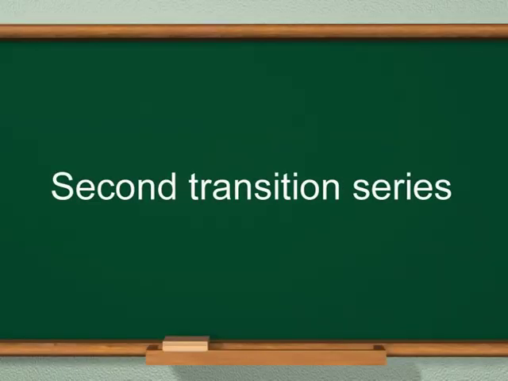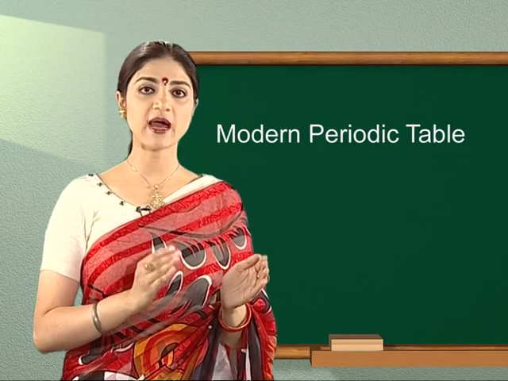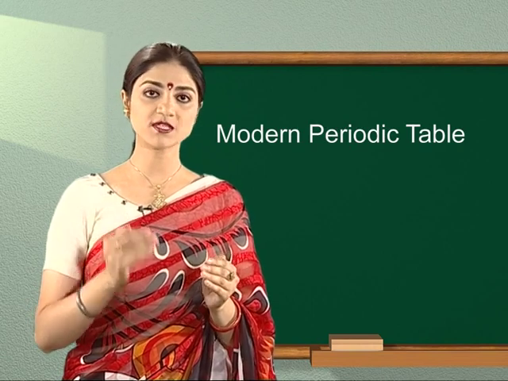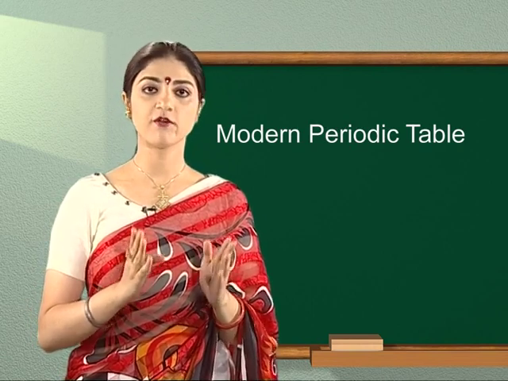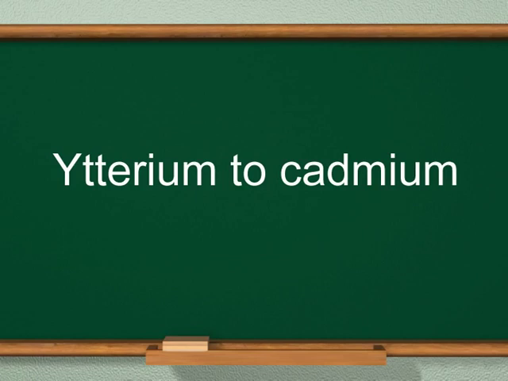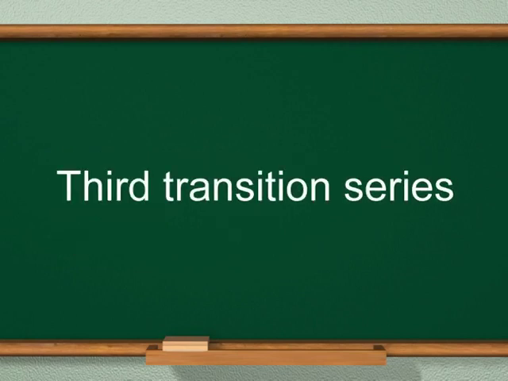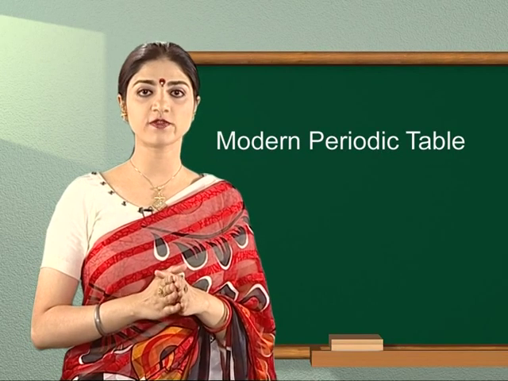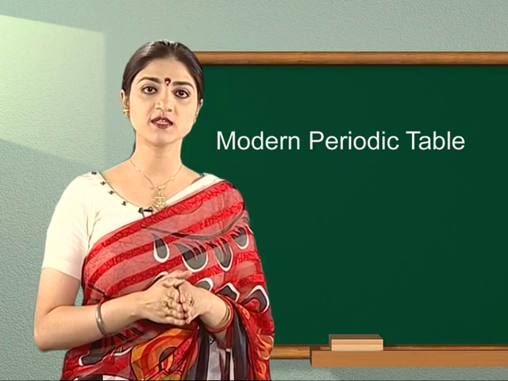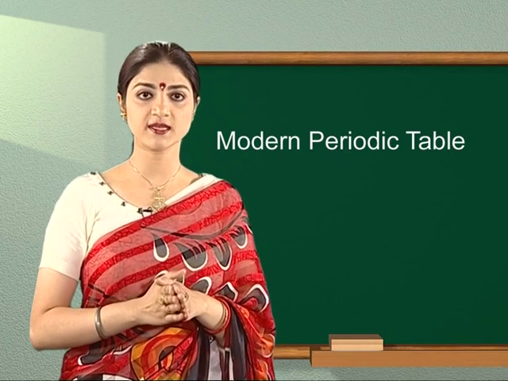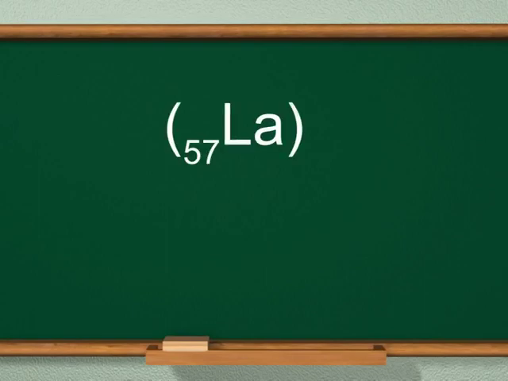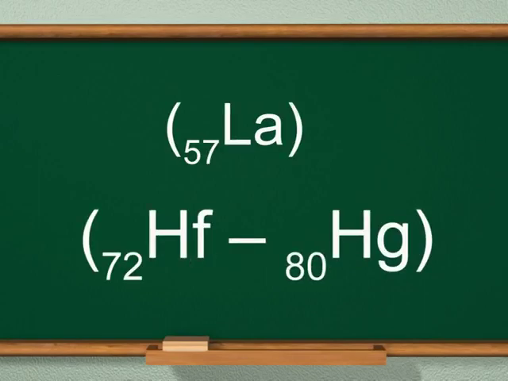The second transition series, which forms a part of the 5th period, also contains 10 elements from yttrium to cadmium in which 4d orbitals are being progressively filled in. The third transition series, which forms a part of the 6th period, also contains 10 elements, that is lanthanum and elements from hafnium to mercury, in which 5d orbitals are being progressively filled in.